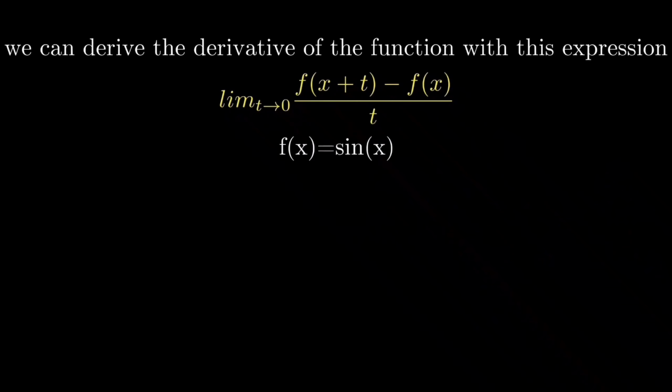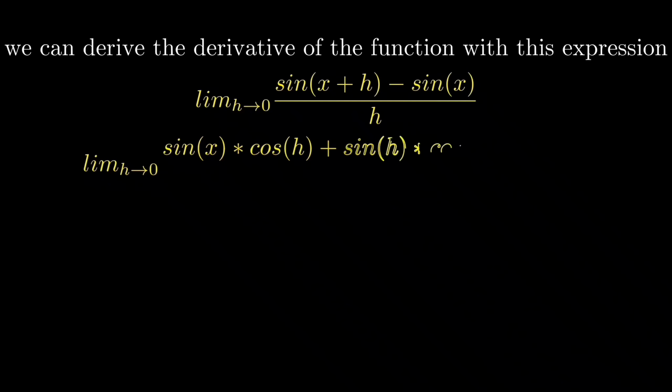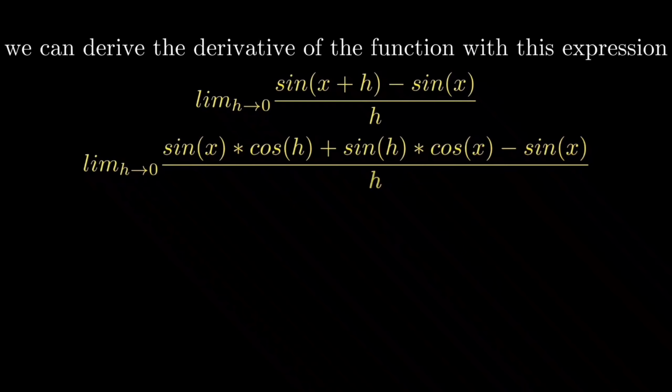With this expression, we can derive the derivative of a function. Suppose we want to derive the derivative of the sine function. Now we can expand the sin(x + h) identity. Now taking sin x common from the first and last terms.